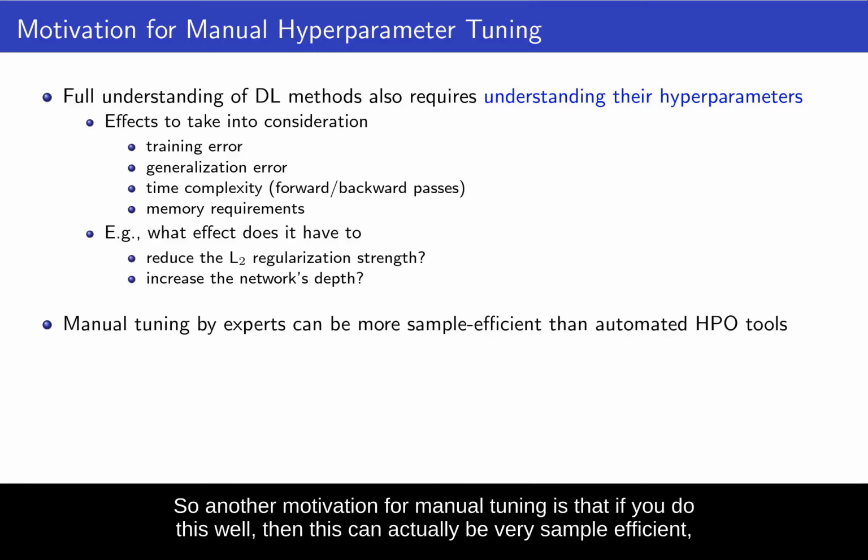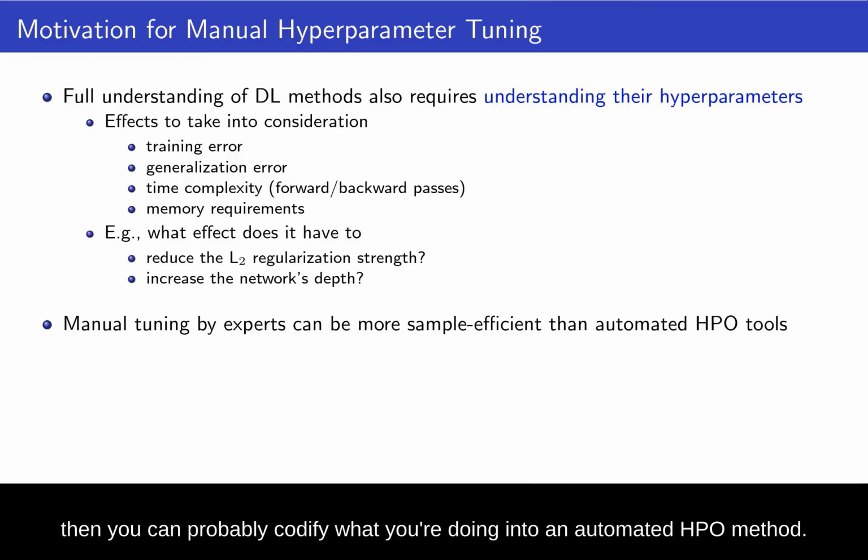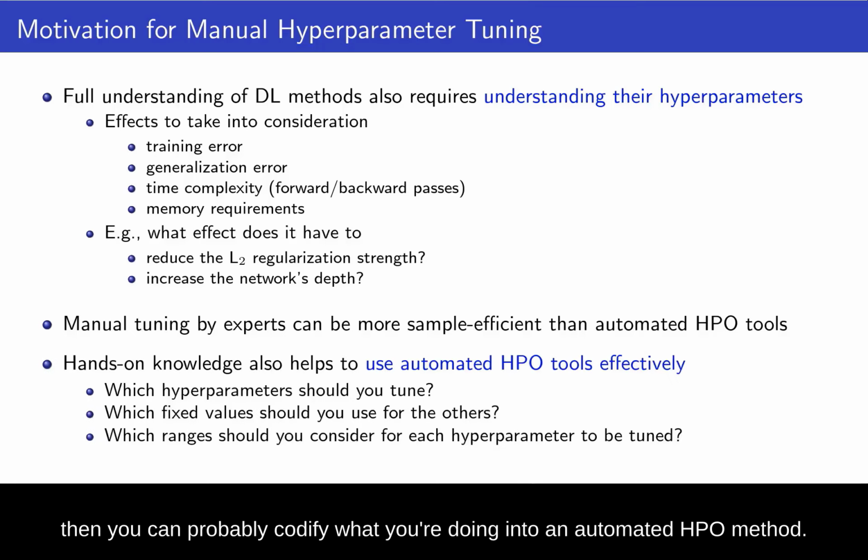So another motivation for manual tuning is that if you do this well, then this can actually be very sample efficient and even better than automated HPO methods. But for that, you really need to know what you're doing. And if you become an expert at manually tuning your hyperparameters, then you can probably codify what you're doing into an automated HPO method.